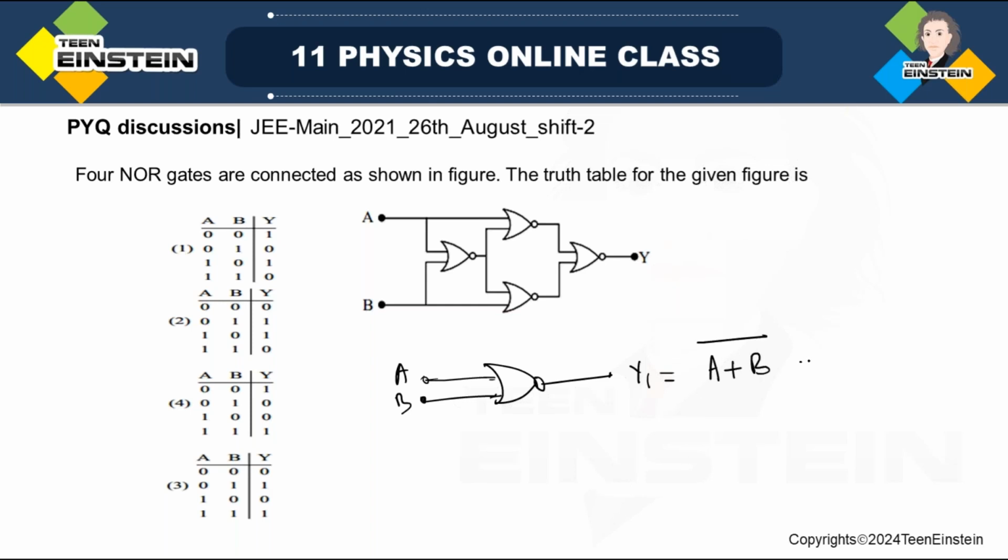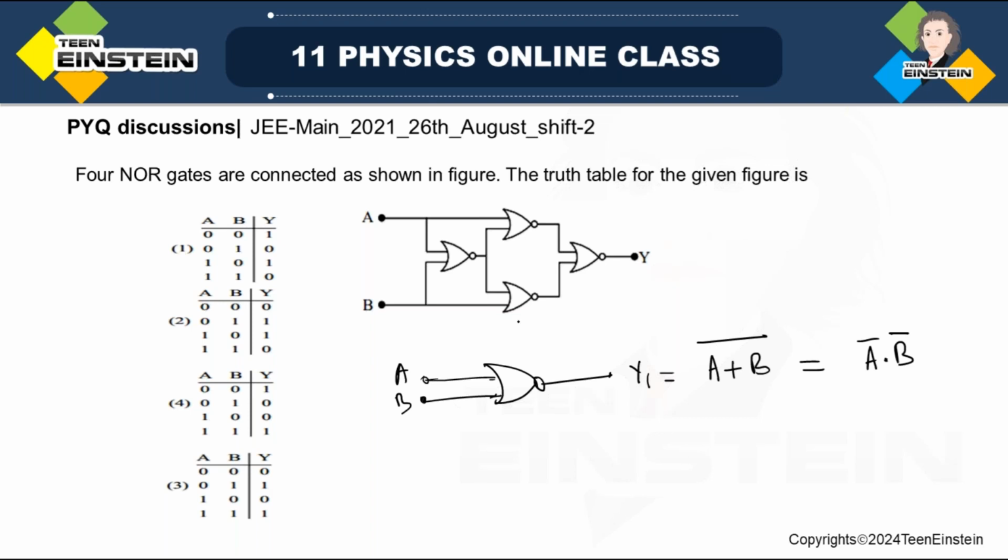And if you want to further apply De Morgan's theorem and simplify it, you'll get A bar dot B bar. This is actually the output of a NOR gate.